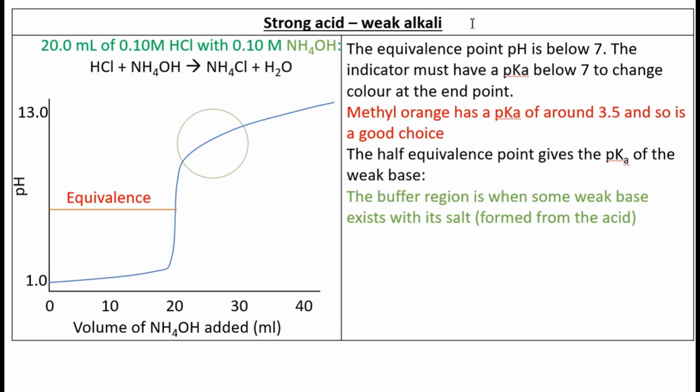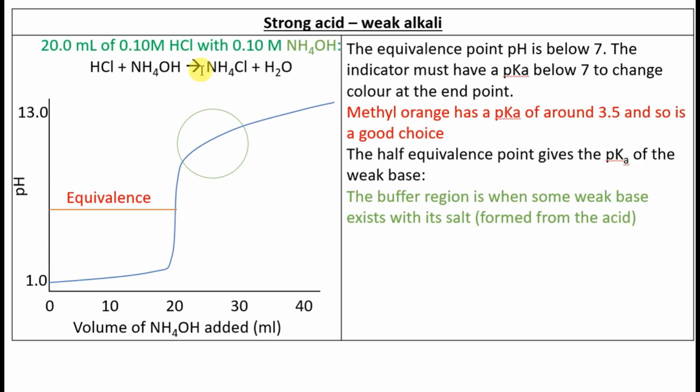Strong acid, weak alkali. Similar situation. My strong acid here, HCl. My weak alkali, NH4OH. Here's my equation. Now, my equivalence point is below 7. HCl having a pH of perhaps around 1.